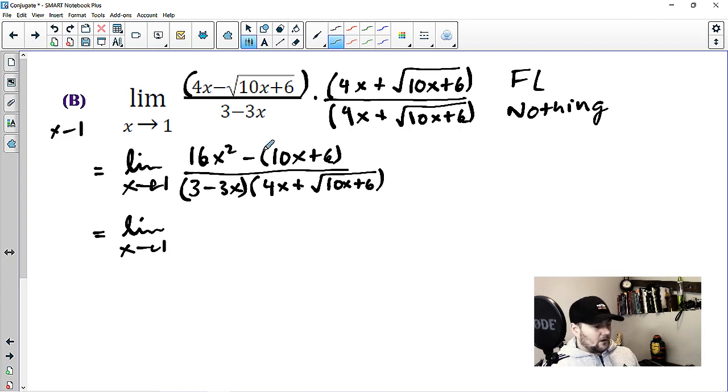All right, so on the top, I want to see what I can work out in terms of getting rid of this bracket. There's a minus in front of here. So when you have a minus in front of your second bracket like this, you have to watch the sign, and this is going to change the sign of the 10x, but also the 6.